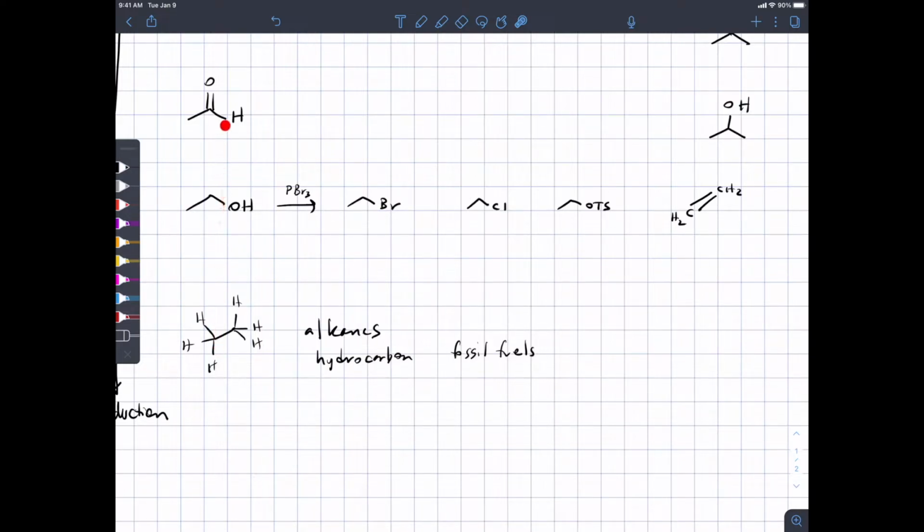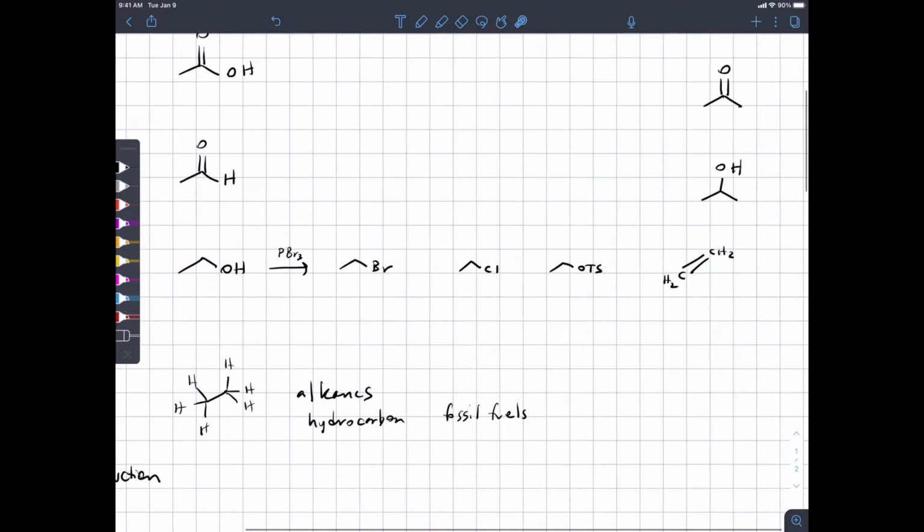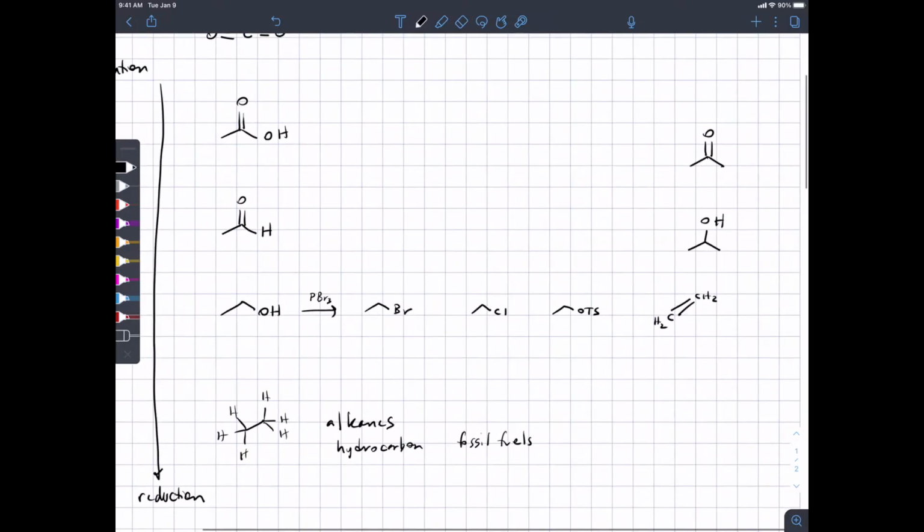But then going up from an alcohol to an aldehyde is an oxidation step. We will see that you can interconvert an aldehyde. I think we've maybe made the point. The carboxylic acids you can interconvert to acid chlorides or esters or amides without changing oxidation state.